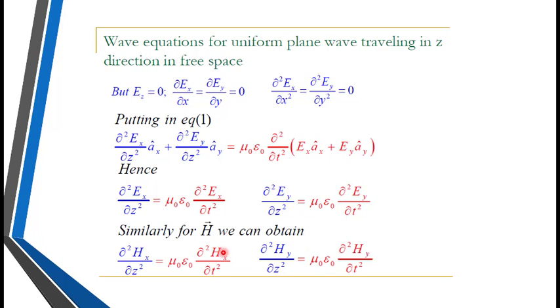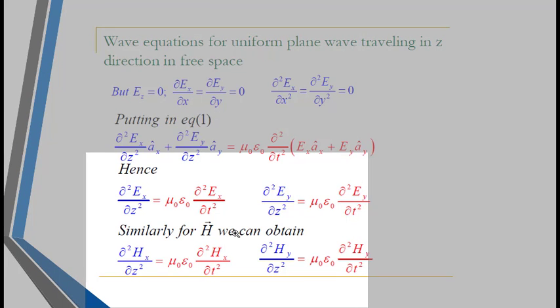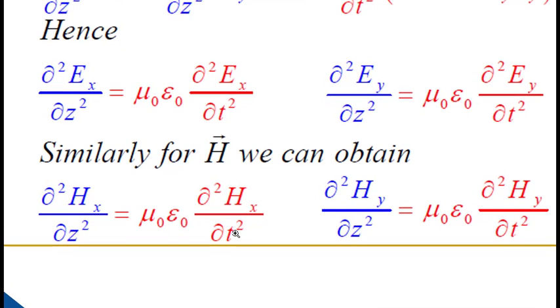Similarly, for H component we obtain the similar equation. So look at this equation carefully. Let me zoom this equation. Just check these equations. So here it is space variation, this side it shows time variation.